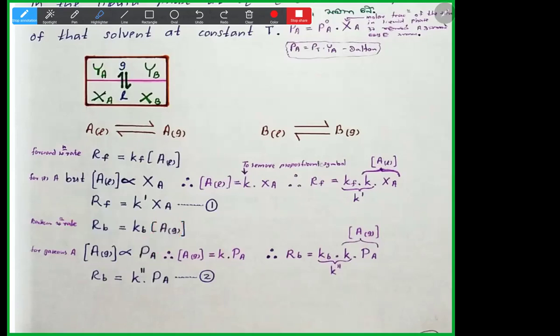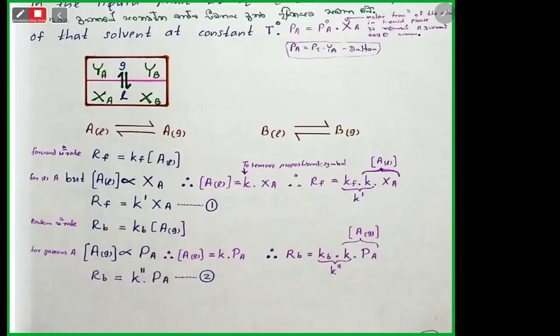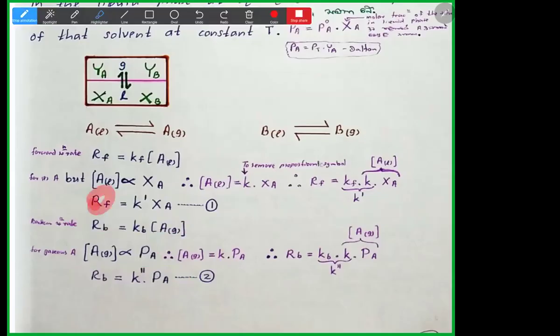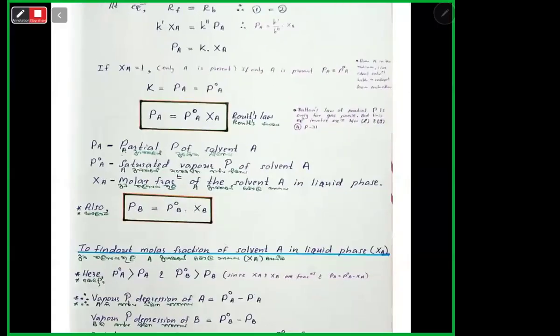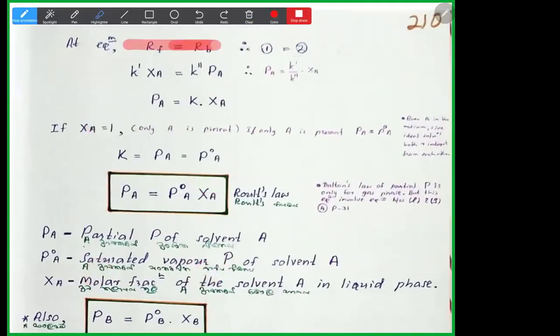So instead of concentration, you can write backward reaction rate equals K into the partial pressure of A. See, forward reaction and backward reaction at equilibrium are supposed to be the same. So I'm writing RF equals RB, combining these two constants into one single constant, so PA equals K into XA. These two together I'm going to get as K.